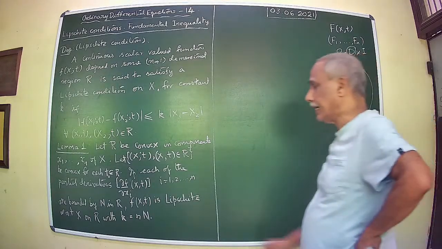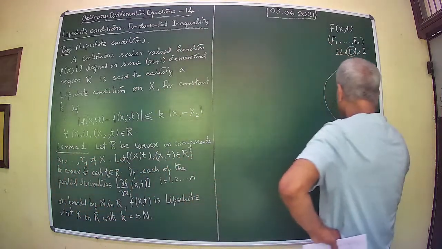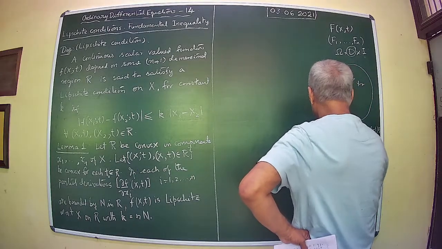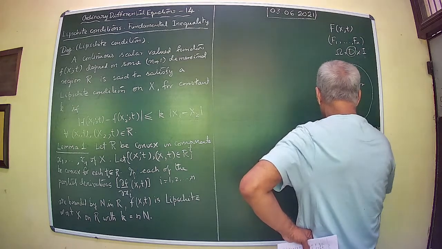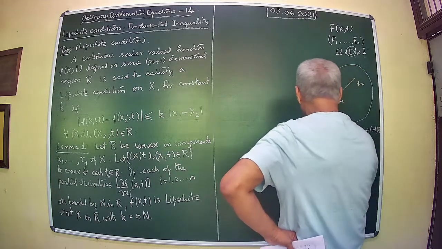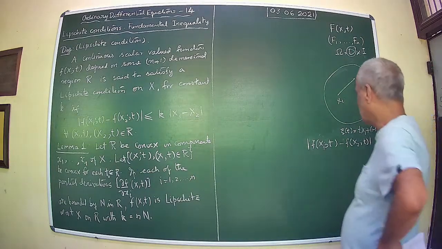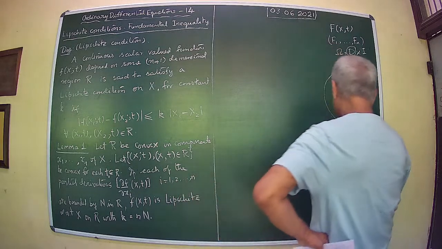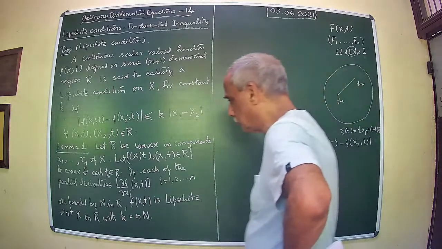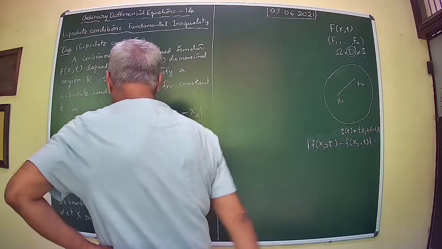With respect to x and t, they are bounded. Now you can calculate the difference between these two. What you want to compute will be f of... this you can write in terms of the partial derivatives, df by dx1, df by dx2, df by dxn, etc. n partial derivatives are there.